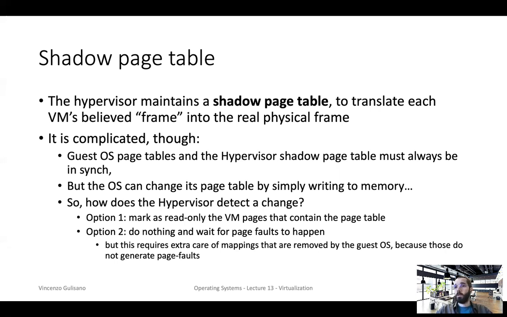You can go two ways here. You can be proactive. So when you see that the operating system is starting to create page tables, that is done with a privileged instruction, the hypervisor can keep track of in which part of the memory that is given to that operating system.